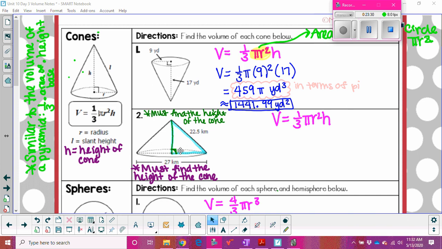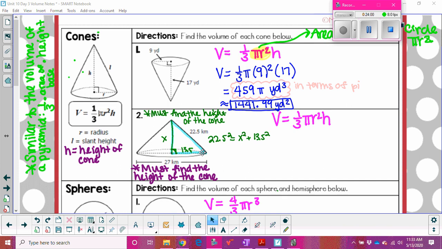Okay, so we know that the hypotenuse here is 22.5. We know that this part, which is the radius of the circle, is 13.5. I'll just label that for us, 13.5. And we need to find the height. Okay, so we have a missing side of a right triangle. So again, we're going to use the Pythagorean theorem. So the hypotenuse is 22.5 squared, and that's going to equal the sum of the squares of the two sides.